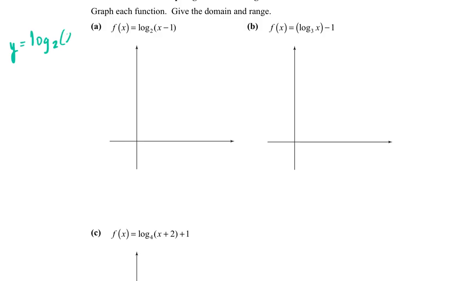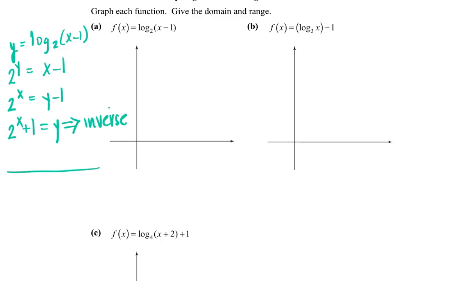If I write it as an exponent, it's going to be 2 to the y equals x minus 1. If I switch the x and the y, it's 2 to the x equals y minus 1. Solve for y: 2 to the x plus 1 equals y. So this is my inverse.